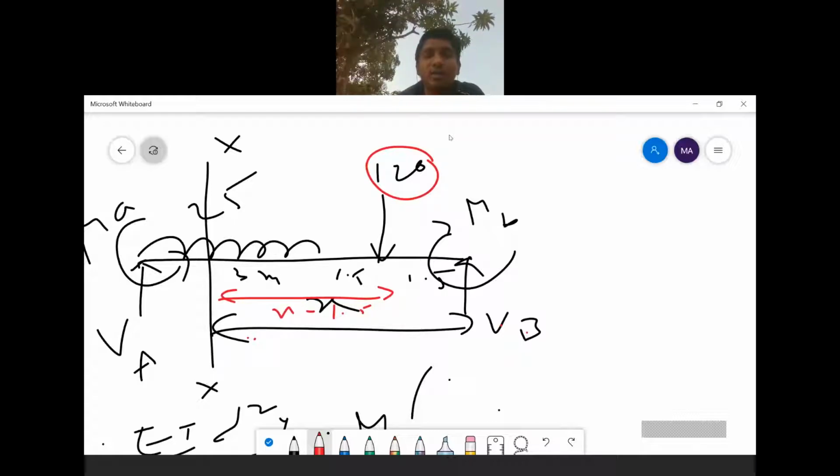Then another one is the UDL, that is 25 into x minus 3 into (x minus 3) by 2, and you have the external moment MB.